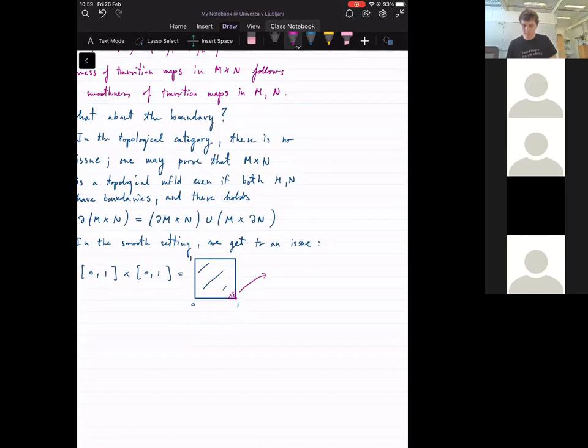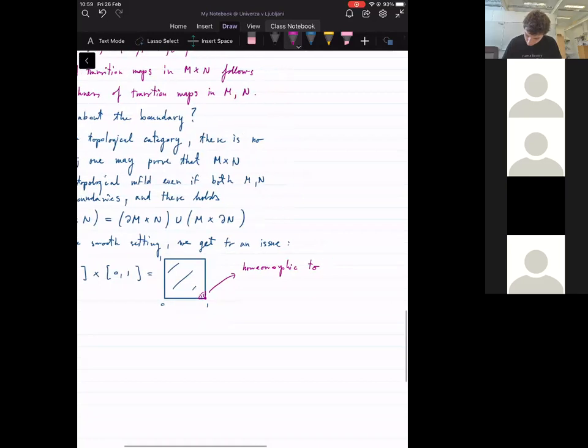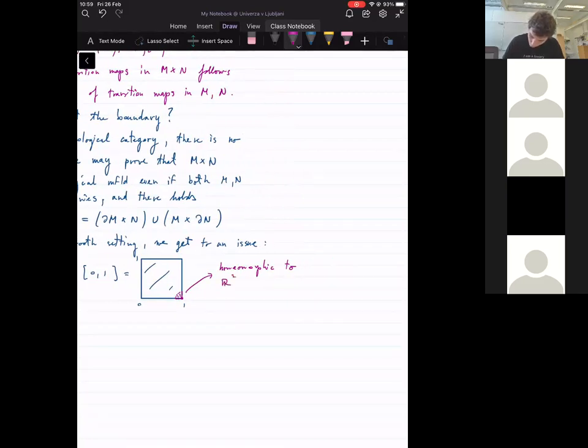So this neighborhood is homeomorphic to R times [0, infinity), the upper half-space, right? But it is not diffeomorphic. Okay.